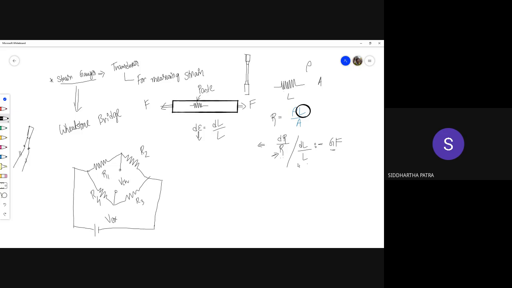Now, one thing, although a strain gauge is not restricted to only measuring elastic strain, in today's experiment we would be limiting ourselves to elastic strain, which would mean the order of magnitude of the strain is 0.001. Okay, so that is essentially, you can think of the elastic limit.